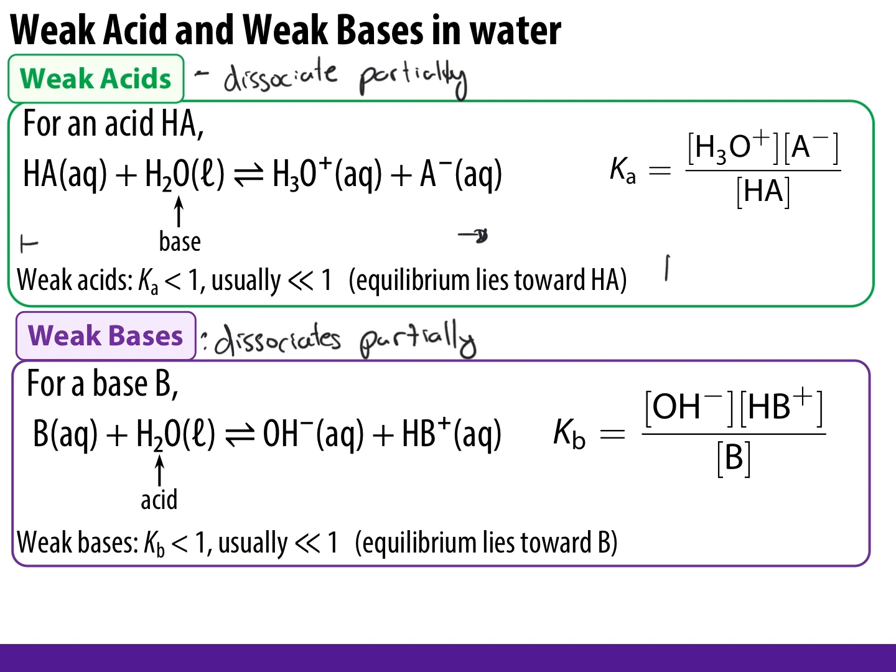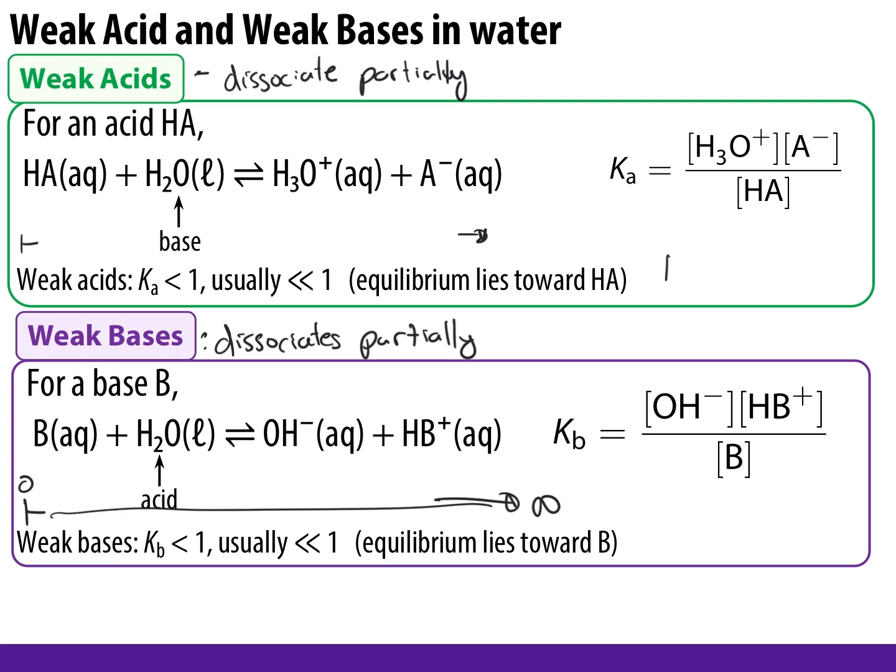Now a weak base dissociates partially as well. So when the base goes into water, what it does is it accepts a proton from an acid. The only acid around is water, H2O. The base can accept a proton from water. That turns the base into its conjugate acid, HB+, and water was the acid, so it donated a proton, leaving behind OH-. This agrees with our definition. Acids produce H3O+, bases produce OH- in water.